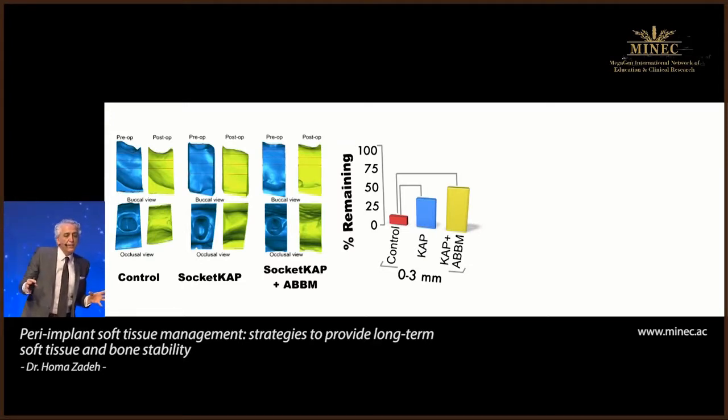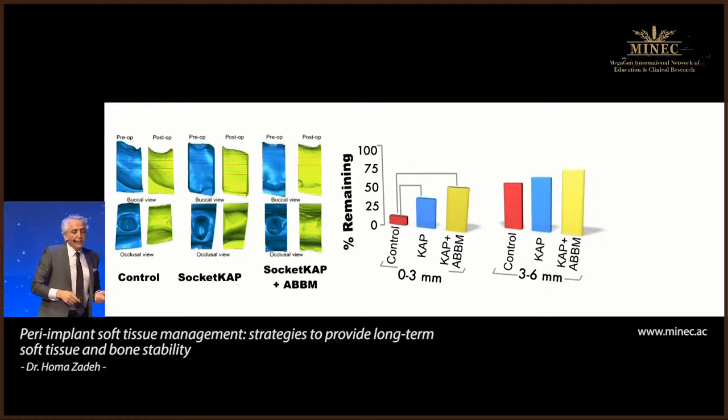Now, if we do ridge preservation, we could actually preserve a significant amount of it, maybe up to 50% of that. And the zone that is 3 to 6 millimeters, not even just the crest, the second 3 millimeter zone, which is 3 to 6 millimeters away from the crest, also half of that volume is lost.